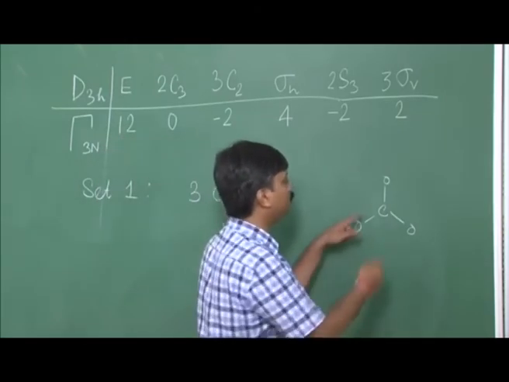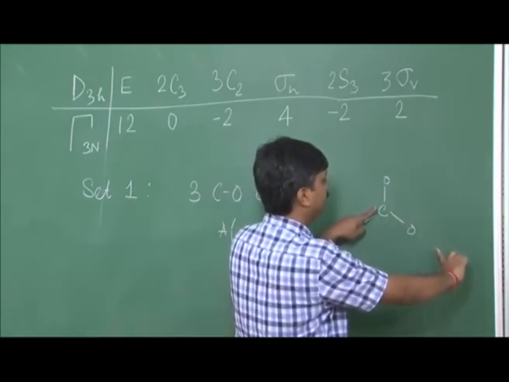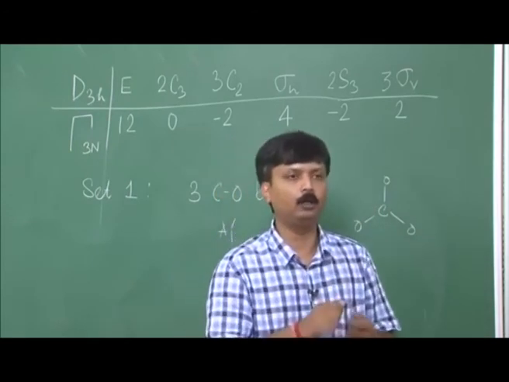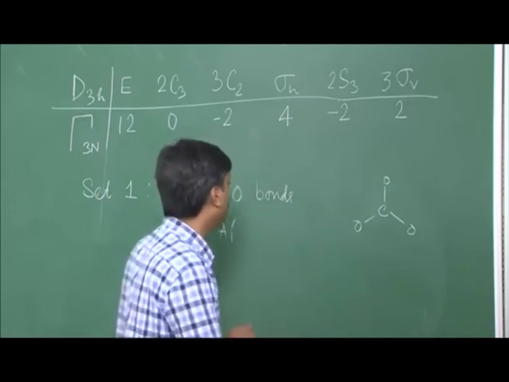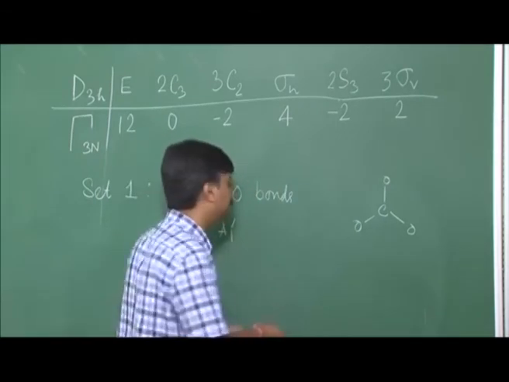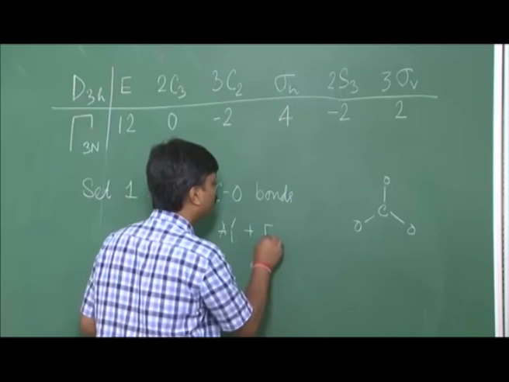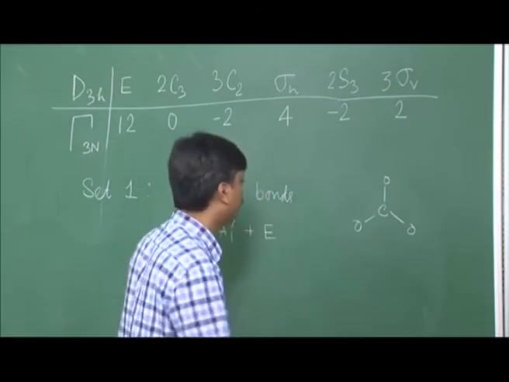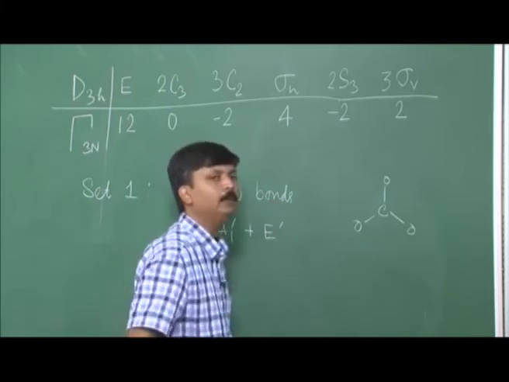And for the rest 2, one can be stretching in this direction and one contracting, so there will be a combination of 2 motions. I can intuitively say that will belong to one of the E representations. Okay, so call it E prime.